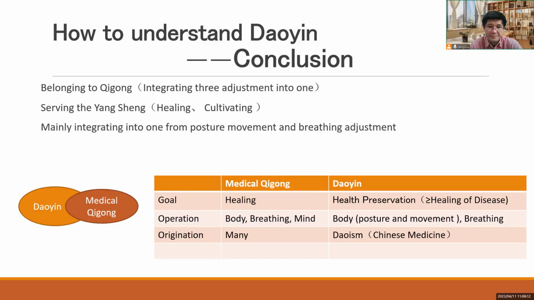So we can get many medical qigong from all sources, such as Buddhism, and Daoyin only comes from medicine and Buddhism.